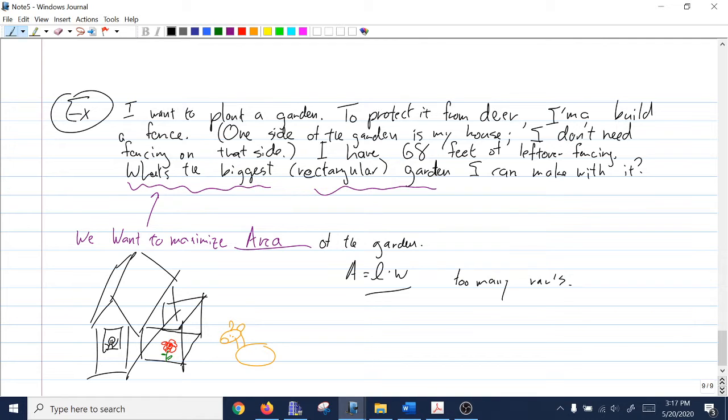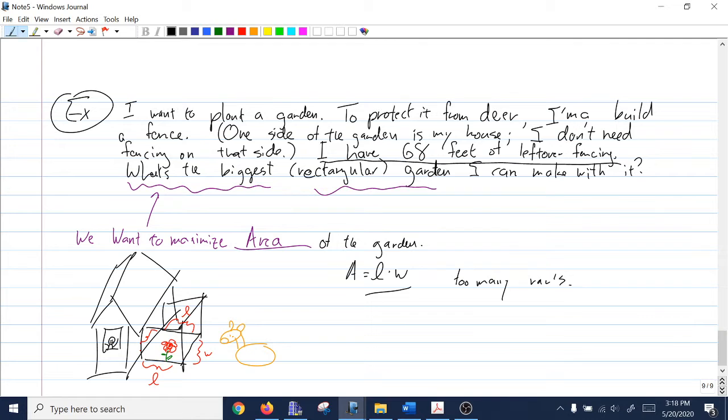What is going on here? They told us we only have 68 feet of fencing. So that tells us a fact about these length and width that let us get rid of one of the variables. I should label which one's the length. Let's call that length. Let's call that width. This other side is going to be the length again. This side is also the width, but I don't care about this one because I don't need fencing on that side.